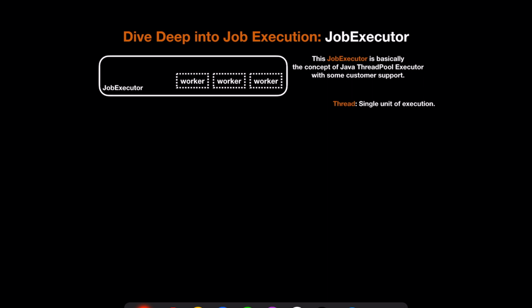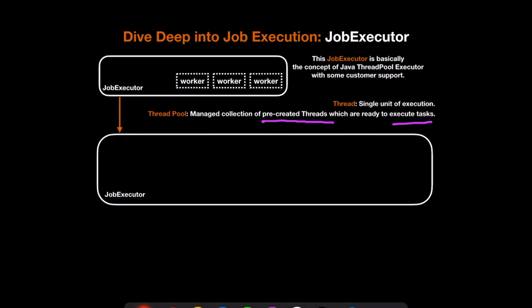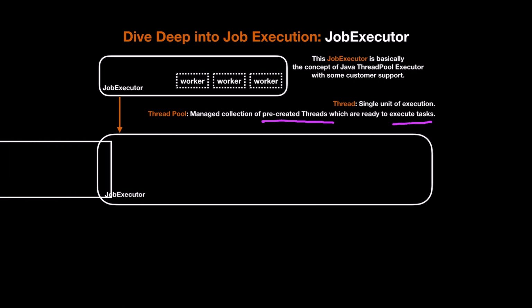So that's why Java introduced the concept of a thread pool. Thread pools are managed collections of pre-created threads which are ready to execute tasks. If we use this thread pool to execute our jobs, then we can save a lot of resources by not creating and managing threads. That's why we use the concept of an executor. Our job executor has some other custom support also. The job executor knows what to do based on the job type.